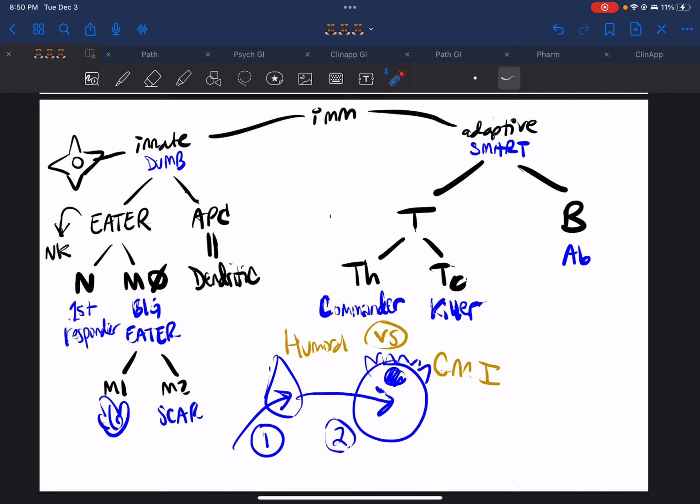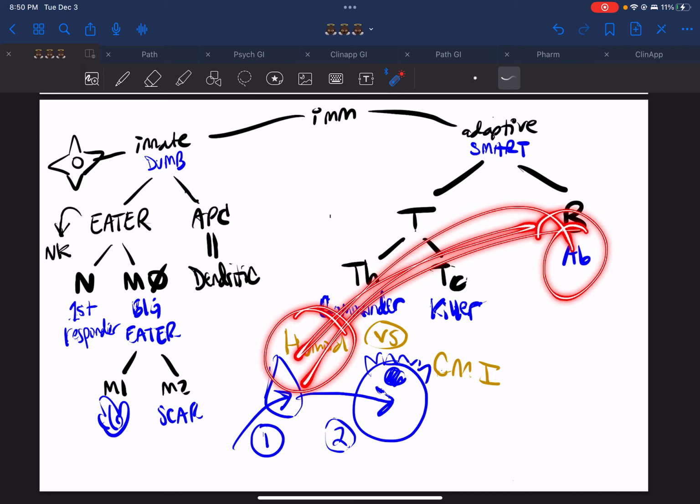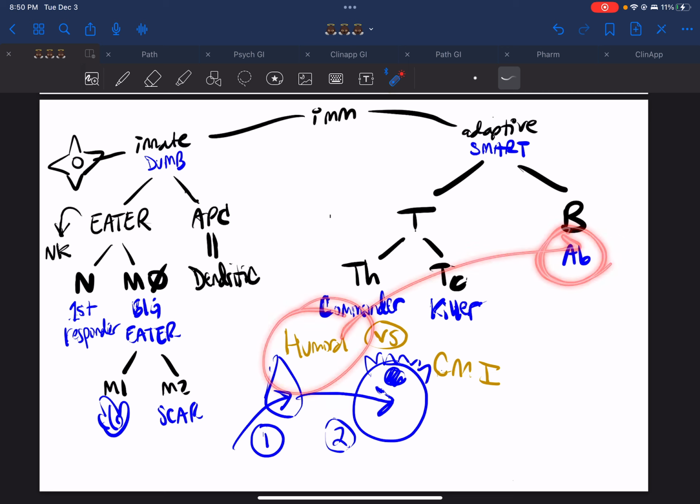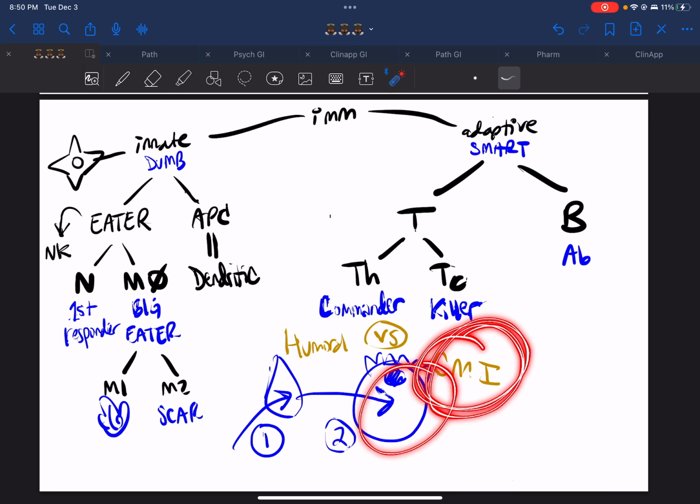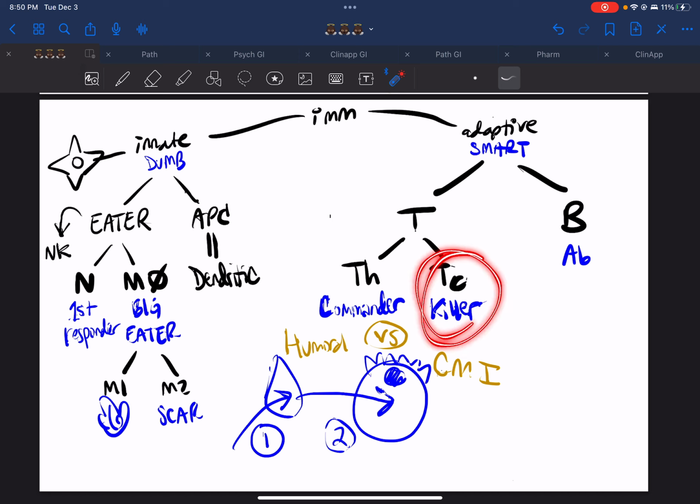So it's basically like a death tag or a death mark, right? So antibodies float around in the blood. So antibody equals blood. Humoral just means it's using antibodies. And of course it's in the bloodstream. Versus cell-mediated, which means it's using killer T cells and it's in the cell.